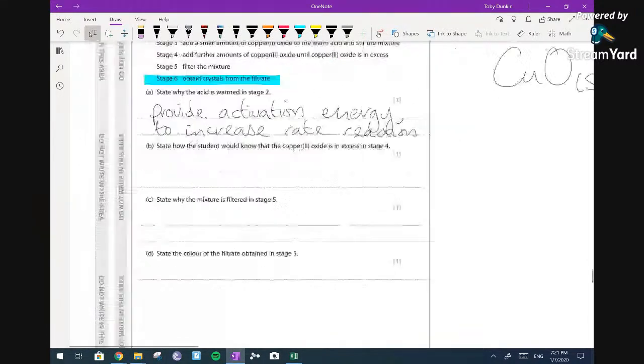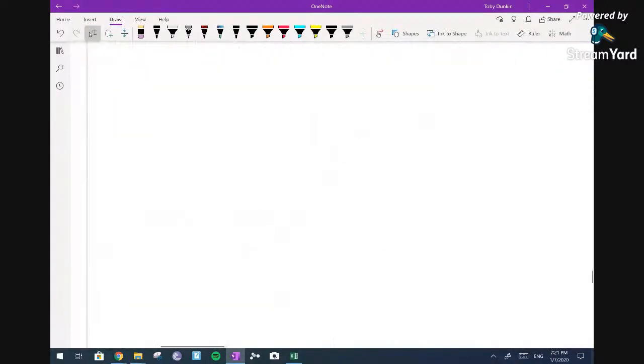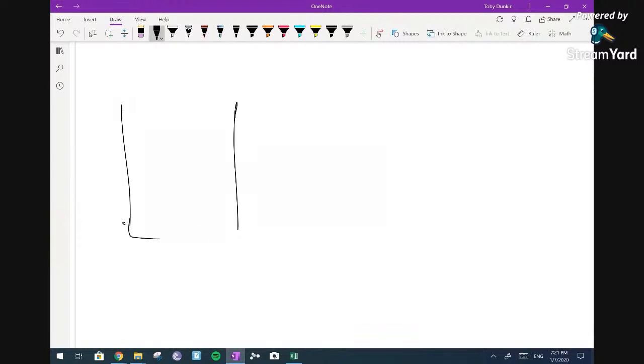State how the student would know that the copper oxide is in excess. Right. So when she adds the first amount of copper oxide, she starts off with sulfuric acid. And the sulfuric acid, of course, is aqueous, H2SO4 (aq). And she's going to add solid black copper oxide.